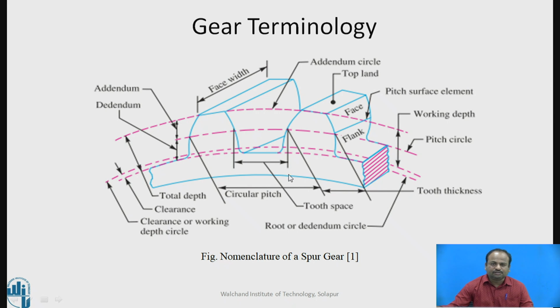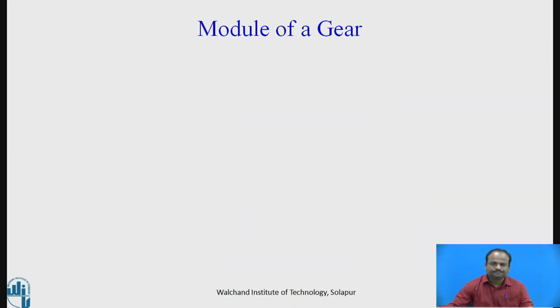And the distance between two teeth is the tooth space. So these are the important dimensions of this gear. Further dimensions are also there that you can see over here. Whatever I discussed are the important parameters we consider for calculating the gear dimensions.